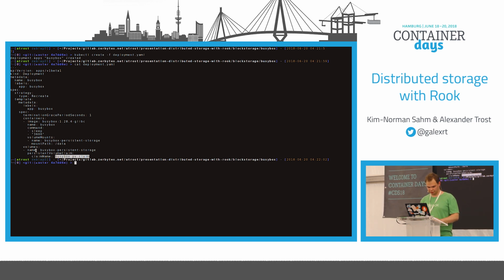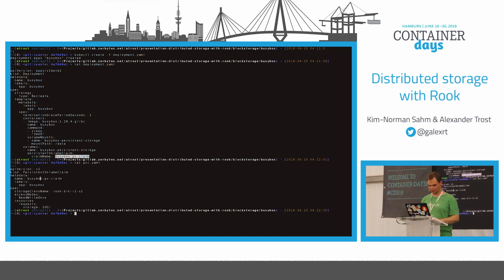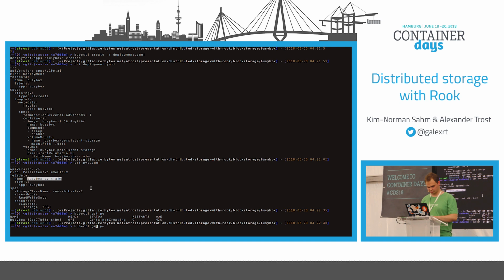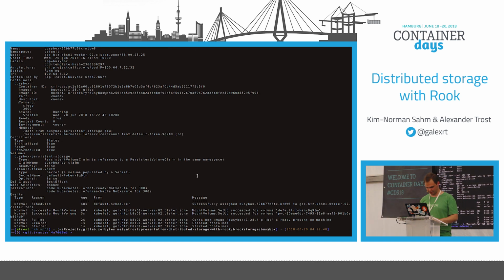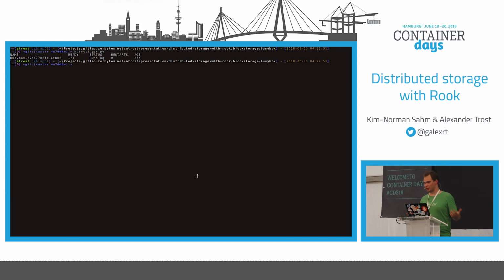And for the volumes, we use this persistent volume claim, the BusyBox PV claim. Again, if we look at the PVC, we see we named it like that. And now if we do kubectl, it's still creating. And when you do describe, it's already finished, started correctly.